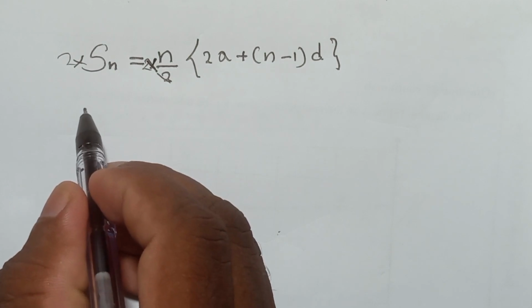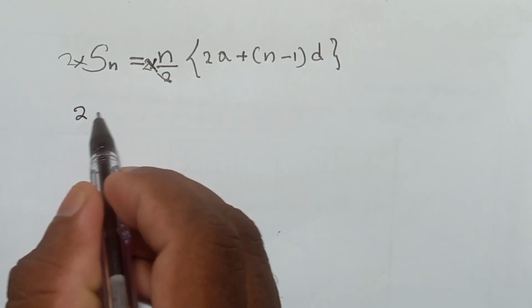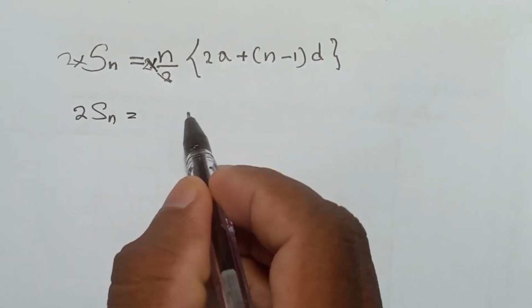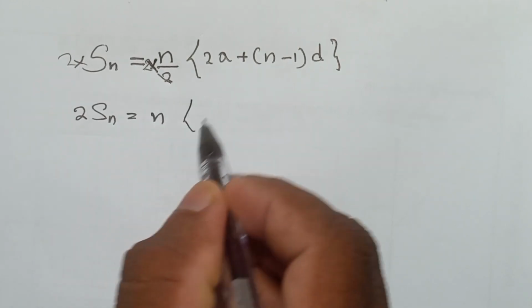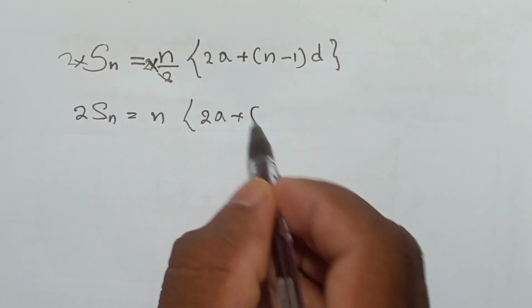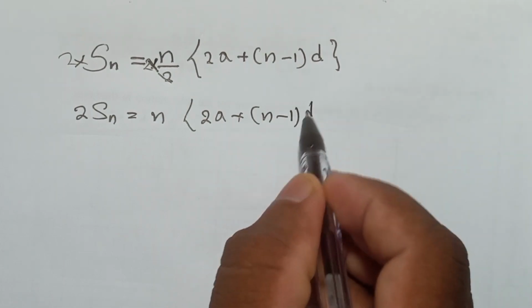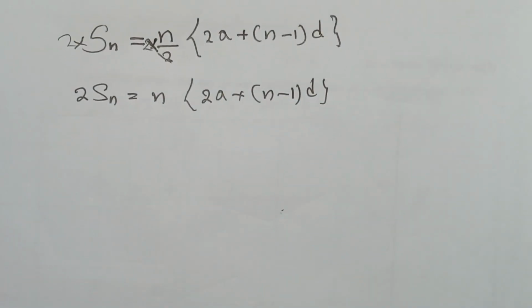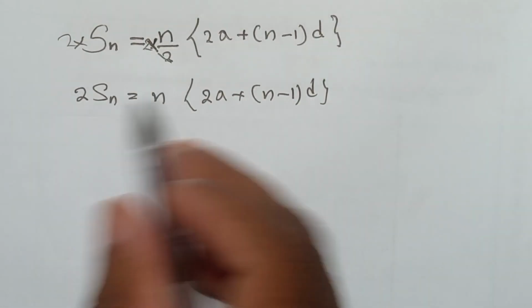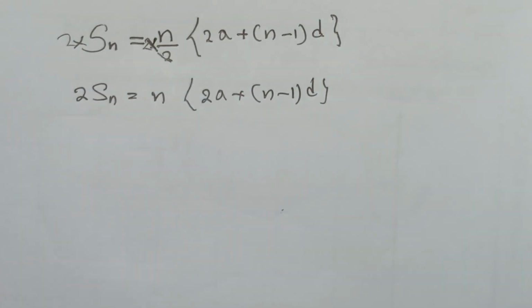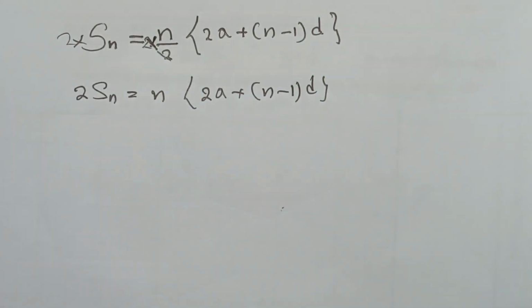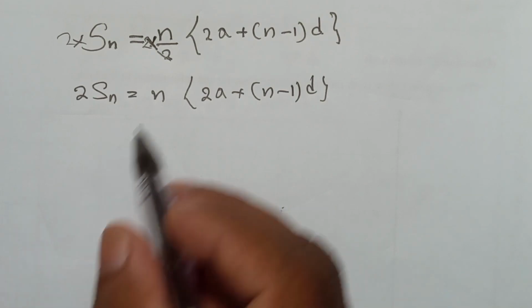I will show you step by step. Here 2Sn equals n, curly bracket, 2a plus n minus 1 d, right? Actually you can do these 2-3 steps at once, but I need to show you the workings properly. That's why I'm doing it this way.